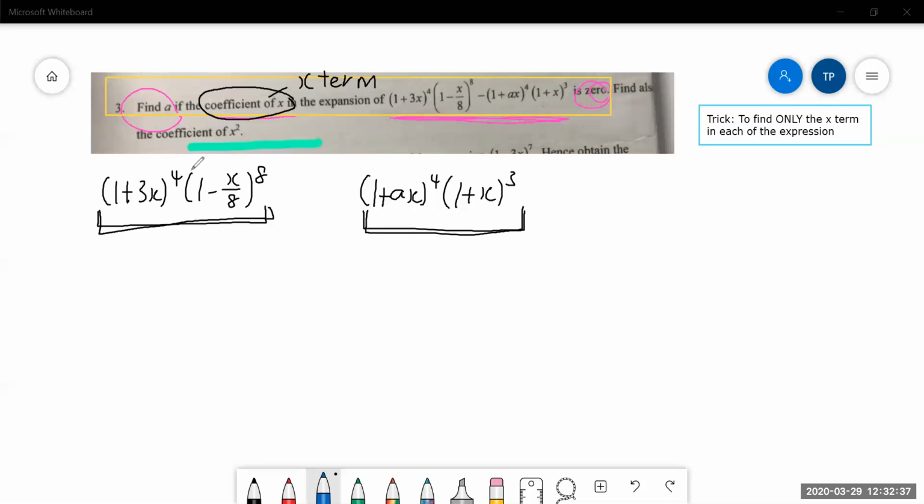So how are we going to do this? We only want to find the x term. When this is multiplied by this, we just want to know what the x term is.